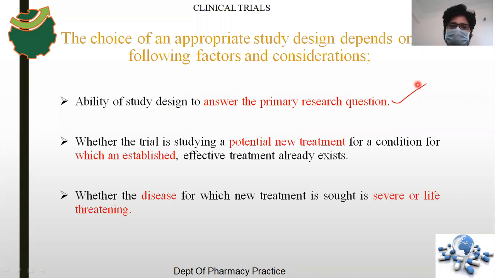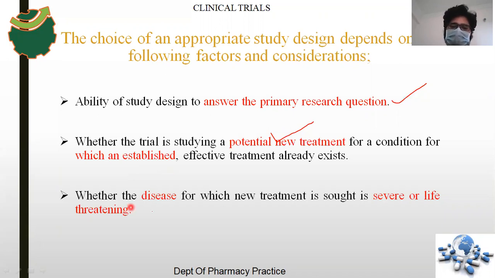Next, whether the trial is studying a potential new treatment for a condition for which an established effective treatment already exists. Consider we already have treatment for cancer or tuberculosis or some other disease conditions. Are you going to provide a new drug for the same disease condition? That plays a role. Again, that factor should be considered.